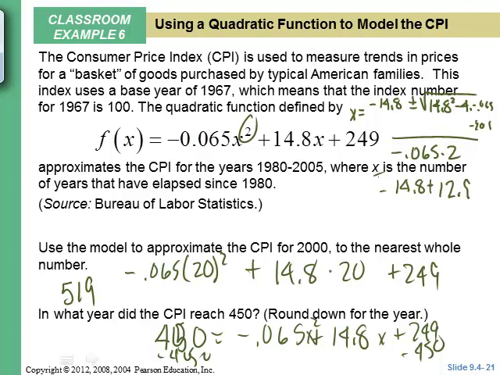Okay, so let's do it then. Negative 14.8 minus 12.9 equals negative 27.7 divided by negative 0.13.